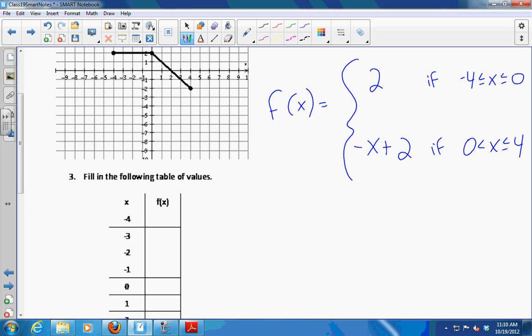When x is -4, I'll do it with the graph first. I find -4 on the graph, go up, find the point on the graph that has an x coordinate of -4, and what's its y coordinate? 2. If I wanted to do it using my formulas, I would say, okay, -4 falls into this interval, so my output should be 2.